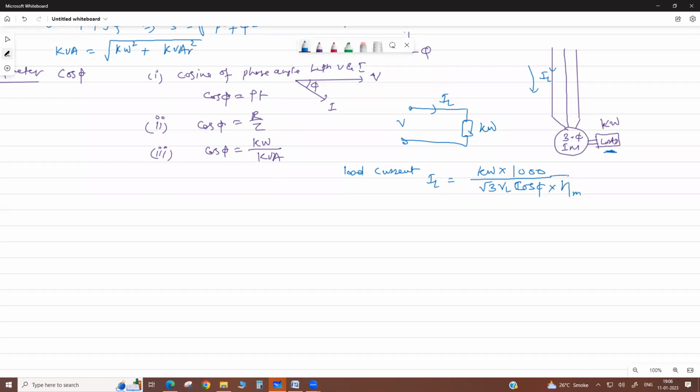Then you get the load current. For a single phase, we write V cos phi only. Generally the load is fixed, motor efficiency is fixed, and the line supply voltage is fixed, so basically your load current in the circuit is inversely proportional to power factor.